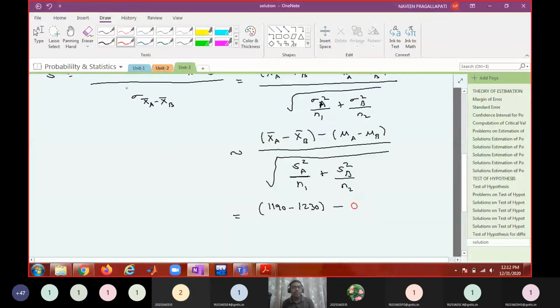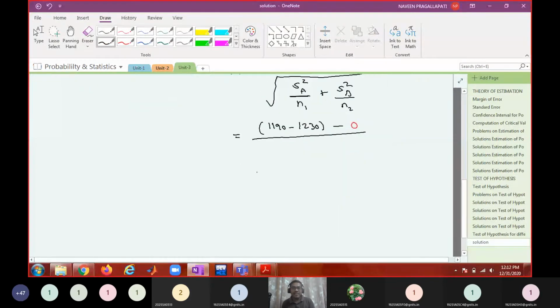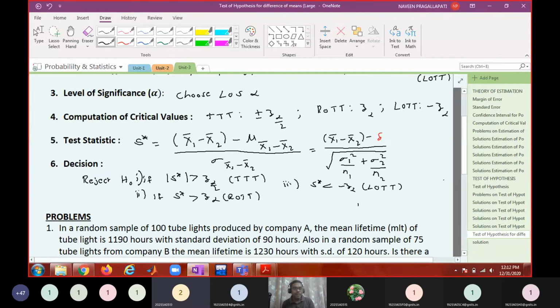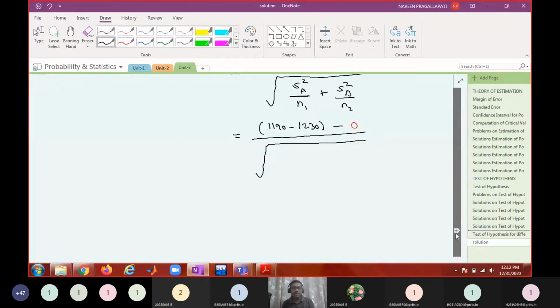Therefore 0 divided by under root of, the standard deviation is given. How much for the first sample? 90 square by 100, plus what is the next sample? 120 square by 75. That's it. You compute this value.